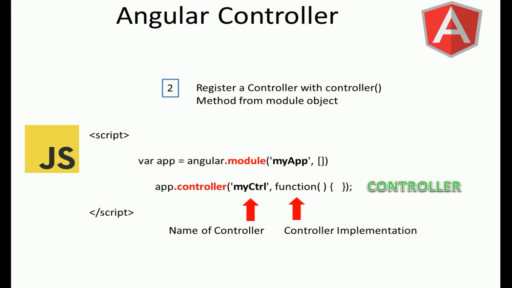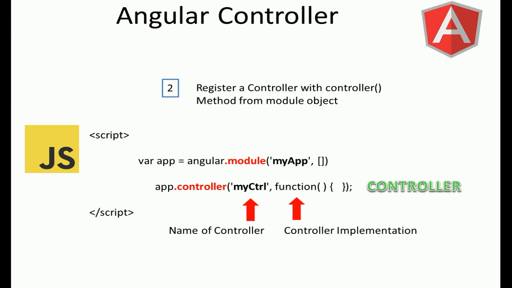I have chosen myCtrl for my controller. Parameter 2 is the actual controller implementation and the future home of our model properties and methods and the application logic. The controller is now registered with the application module.